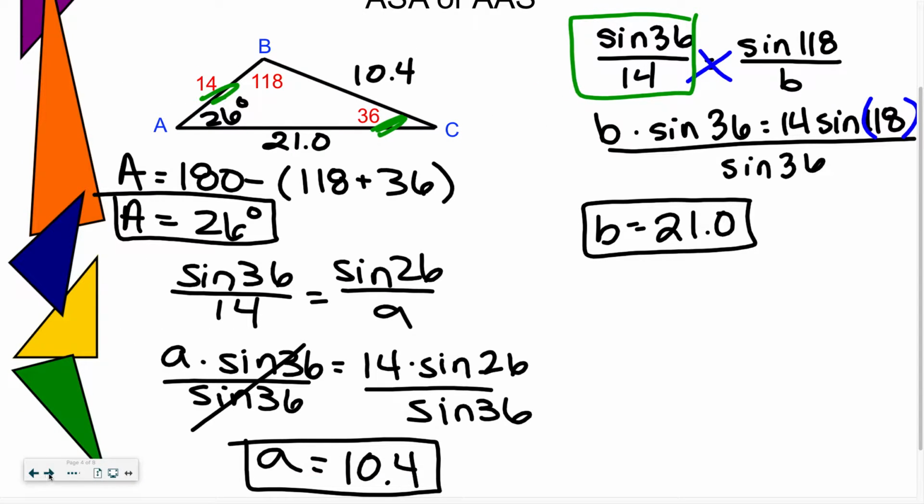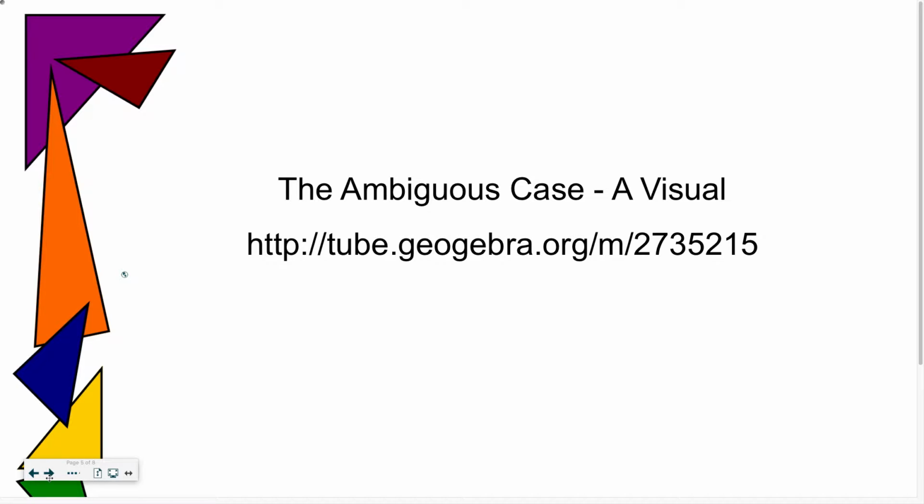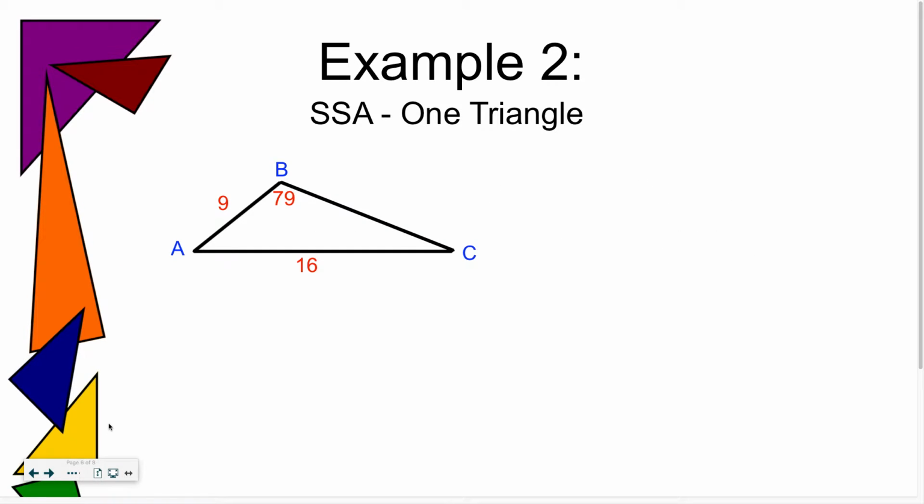However, I want to do one quick example. This is a side-side-angle case, but it is one triangle. So it's not the no-triangle and it's not the two-triangle example. I'm not going to work it all out. I just want to show you how to solve for an angle with law of sines. What's the pair that you know here?